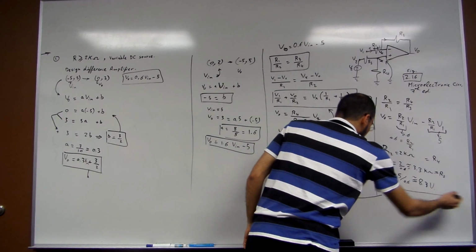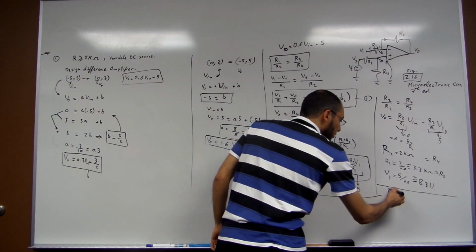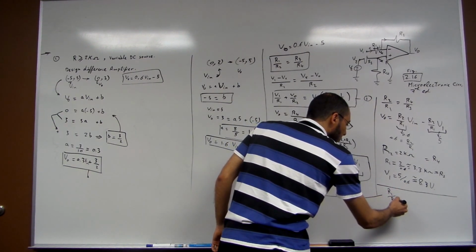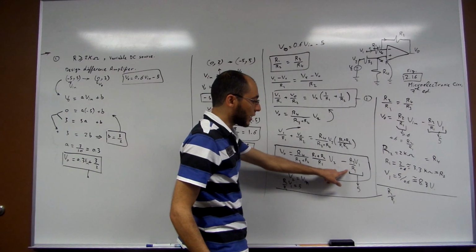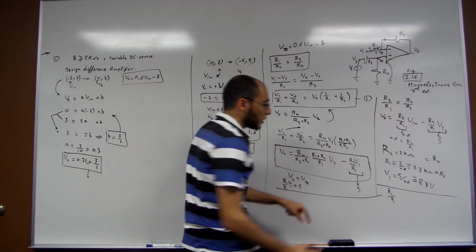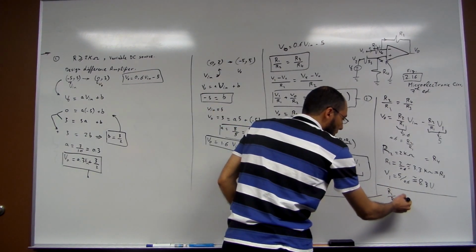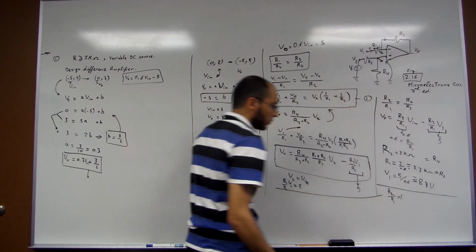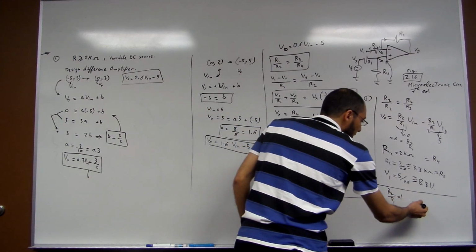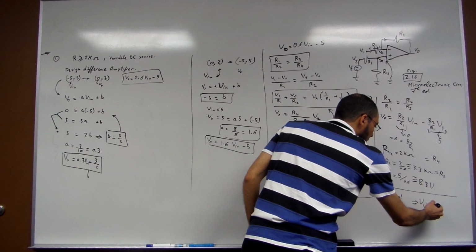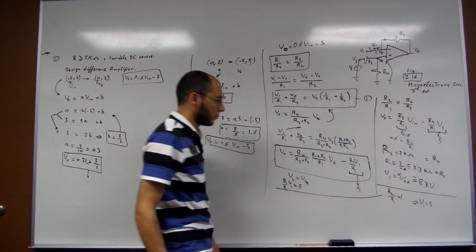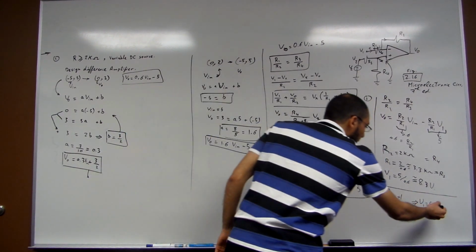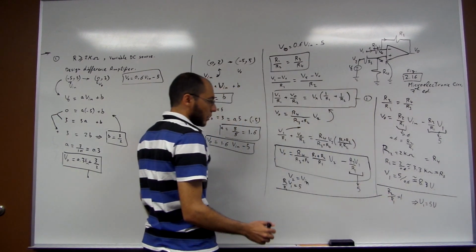The second method is I'm going to choose to set R2 over R1 equals 1. Okay, thus V1 equals 5 volts.